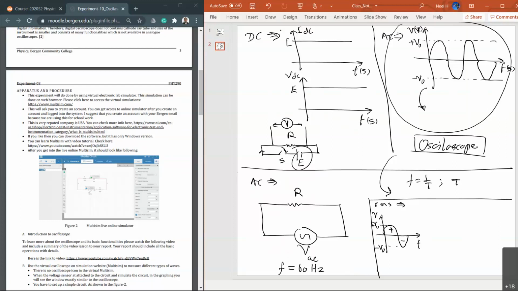So what RMS value means is, instead of that, let us square both of them, right? Then you're going to see only positive values, because the square of a negative is also positive, right? So first we square this. Now this is actually V squared. Then let's take the square root of this.